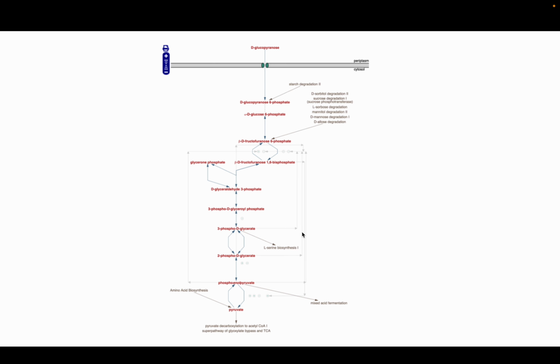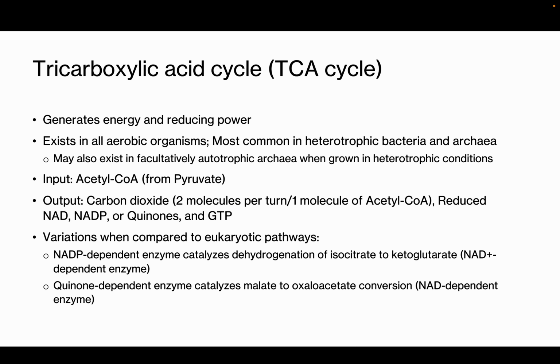A few more things here. I mentioned pyruvate. So pyruvate is the primary output of glycolytic pathways, and pyruvate enters a succeeding pathway, which is the TCA cycle, the tricarboxylic acid cycle.